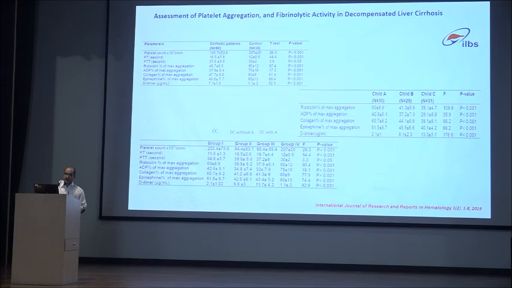So they are reduced in cirrhosis as compared to control, and as the disease progresses from Child A to Child C, the platelet function or the aggregation will also reduce. Further, when we compare compensated cirrhosis versus decompensated cirrhosis without ascites and with ascites, again the platelet aggregation with various agonists will reduce as compared to the controls or the compensated liver disease.